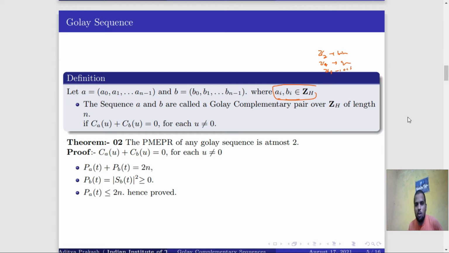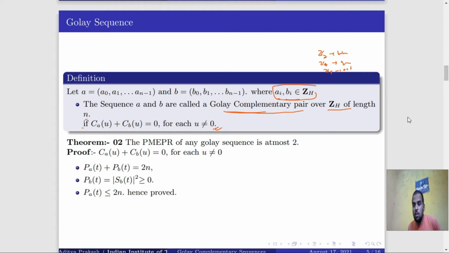The sequences A and B are called a Golay complementary pair over Z_H of length n if C_A(u) plus C_B(u) is equal to 0 for each u not equal to 0. If u is equal to 0, then it never becomes 0, because then C_A(0) is n and C_B(0) is n, which means the total value will be 2n.